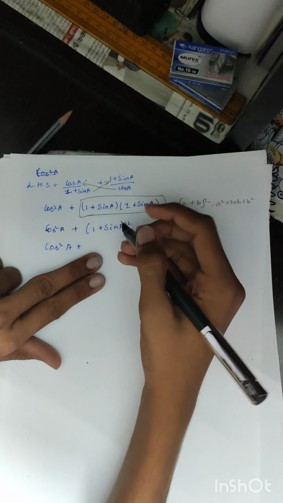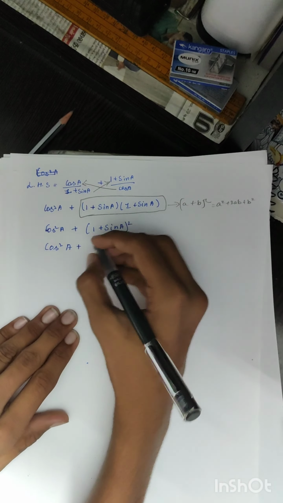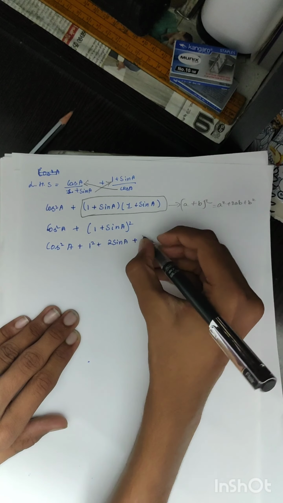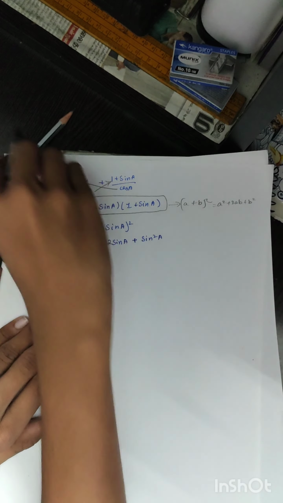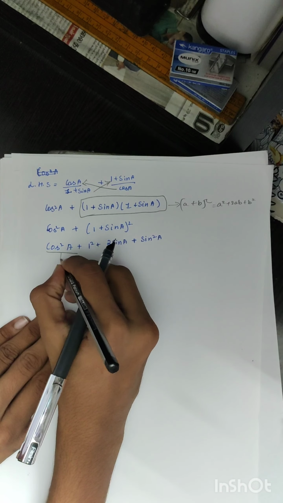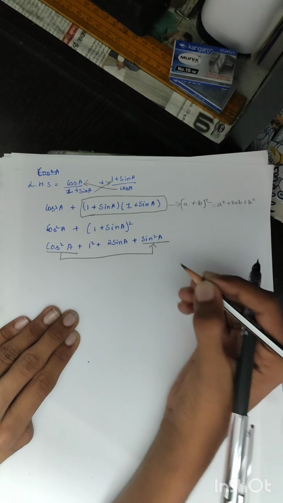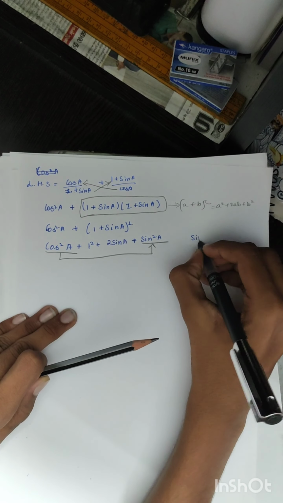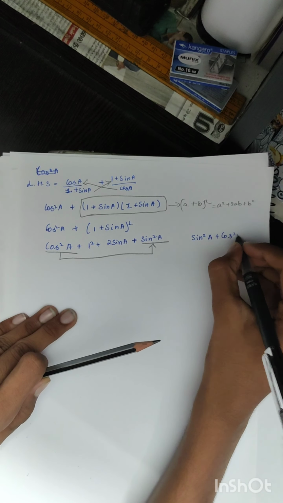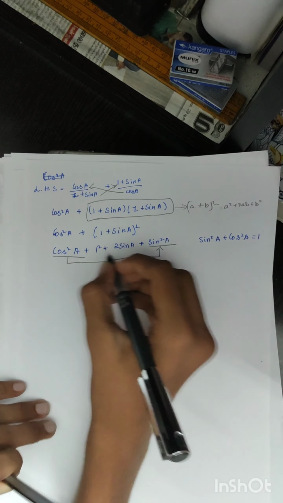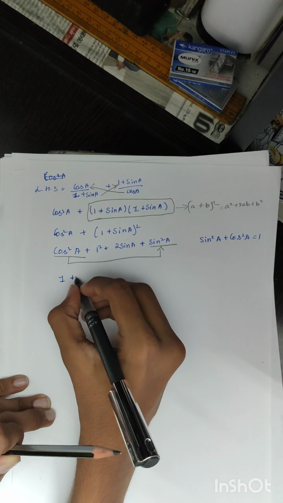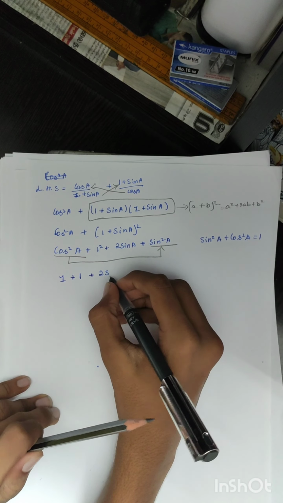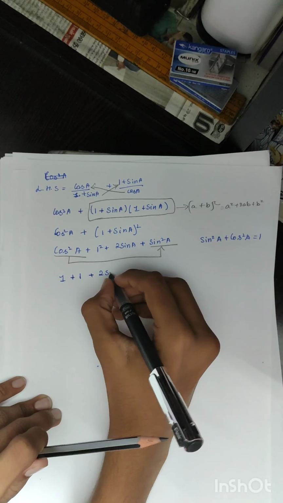So it will be 1 square plus 2 sin A plus sin square A. We all know that cos square A plus sin square A is equal to 1, from the identity. So it will be 1 plus 1, which is 2, plus 2 sin A.